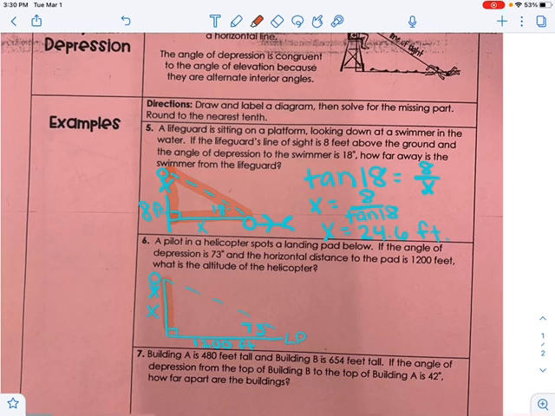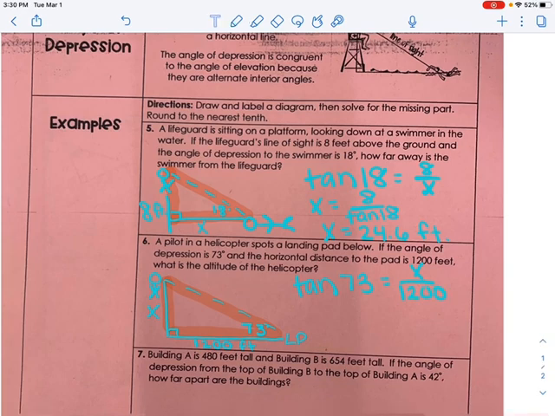And again, focusing on the fact that this is a right triangle, notice I have no hypotenuse, so that again defaults me to the tangent function. In this case, the angle is 73. So based off the 73, the opposite side is x, the adjacent side is 1,200.